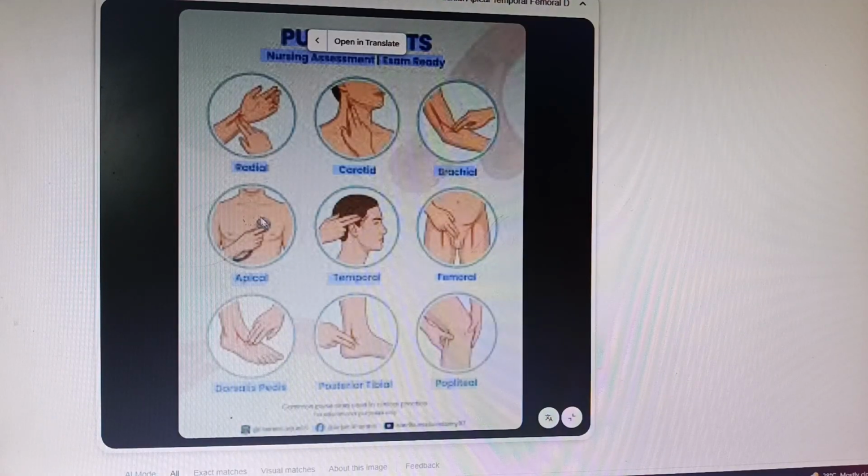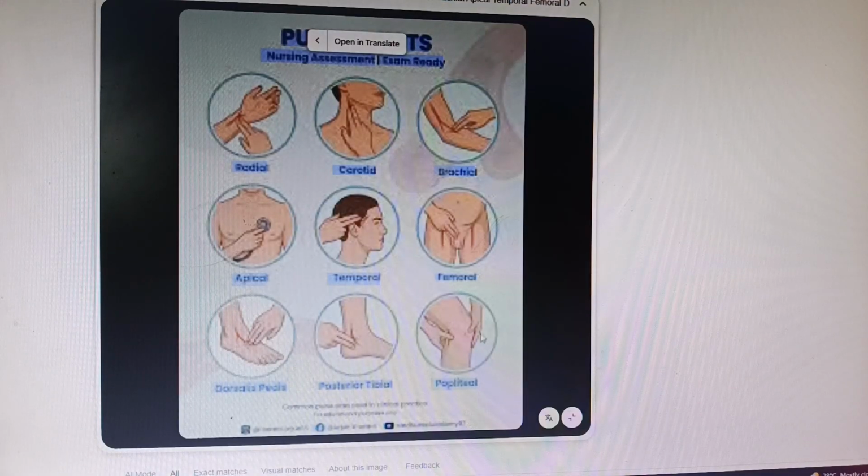Next is the apical pulse, checked on the left side of the chest, auscultating with a stethoscope. This is the temporal pulse. This is the femoral pulse, checked near the thigh region. This one is the dorsalis pedis, and this is the posterior tibial artery, on the back side of the foot. Popliteal artery pulse is on the back side of the knee joint.